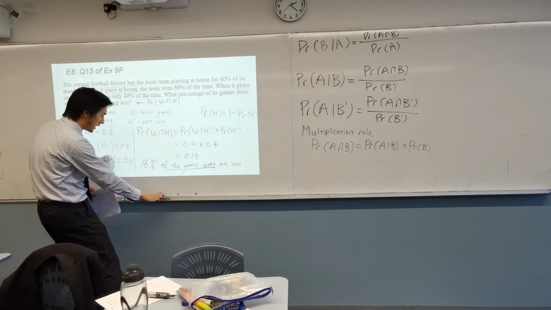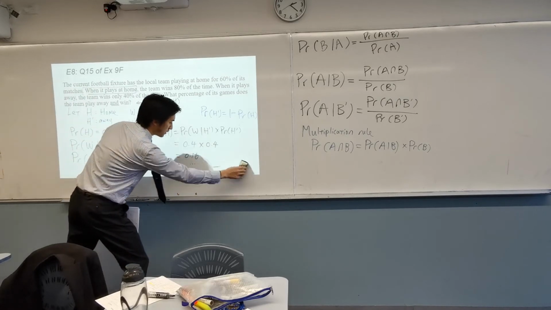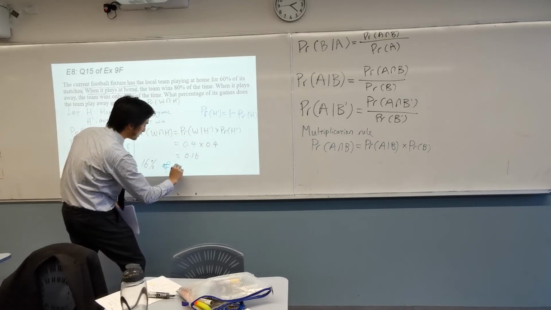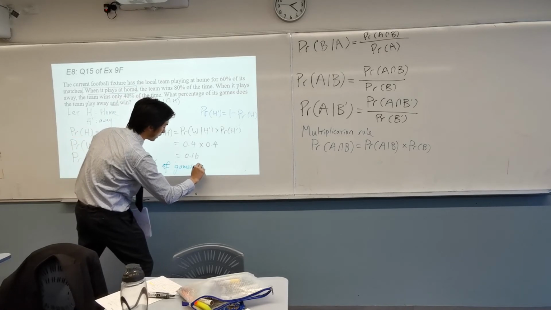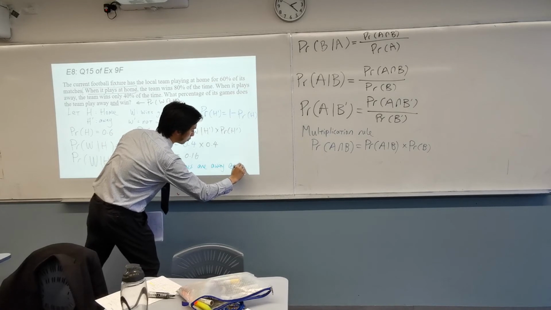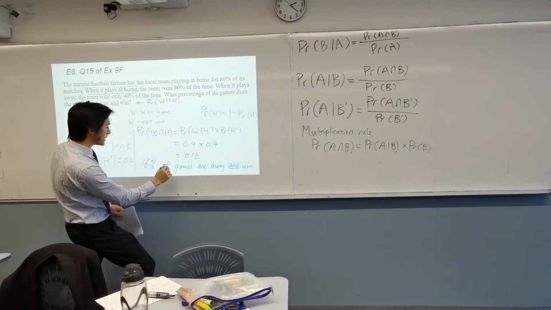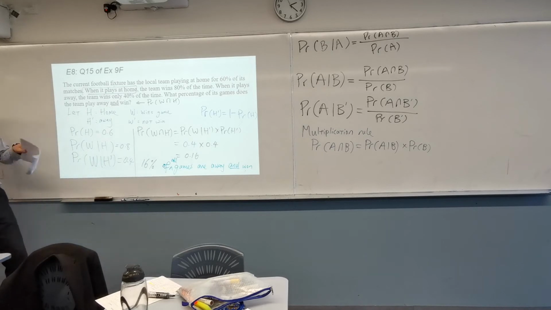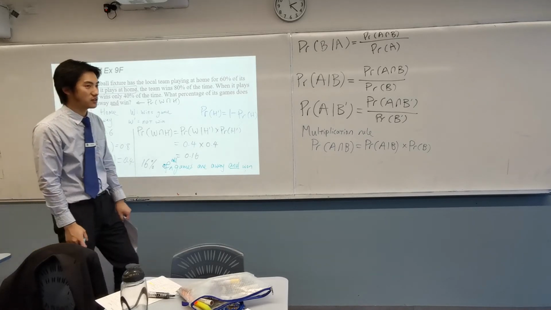any conditions and say 16% of games are away and won. 16% of all games. Okay, adding that all in there reduces any chance of putting a condition.